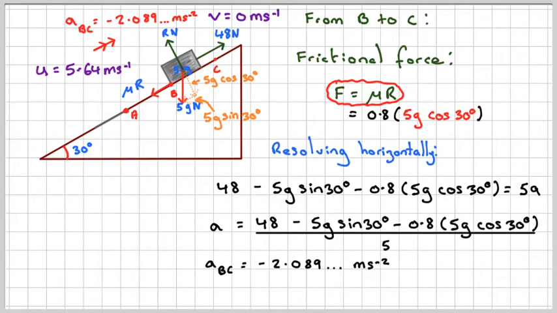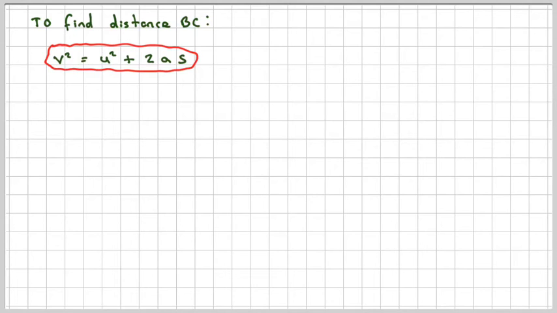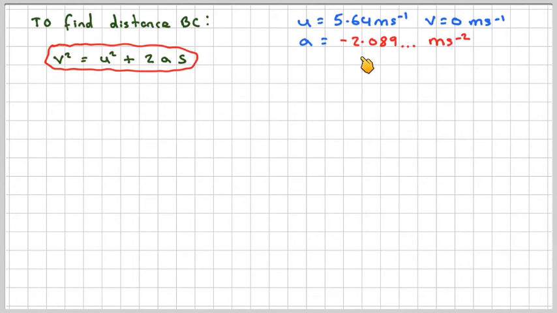So we can now calculate the distance using v squared is equal to u squared plus 2as. We want the final velocity v, u is 5.64, the final velocity is 0, and a is the acceleration that we just calculated, minus 2.089.